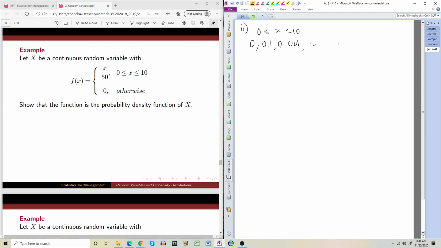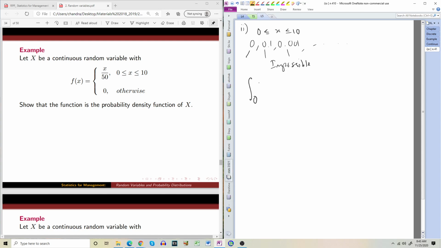It can keep on going. To find them one by one and add them is impossible. So how are you going to solve this? There comes the integration. You integrate. Integration is actually summation of infinitely many numbers.